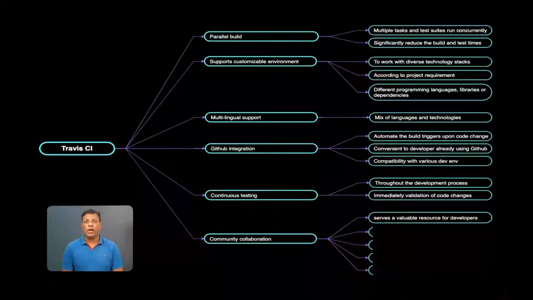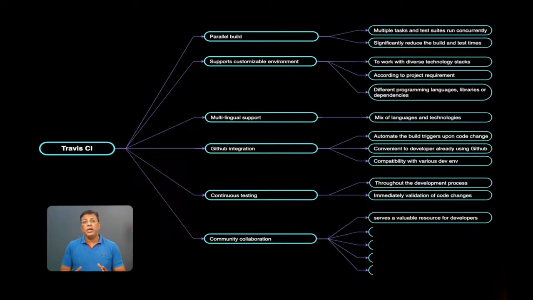The collaborative environment contributes to the overall accessibility of Travis CI, making it user friendly for developers at all skill levels. Travis CI is praised for its intuitive and user-friendly interface. This ease of use is crucial for developers who want to quickly set up and configure CI/CD pipelines without a steep learning curve.